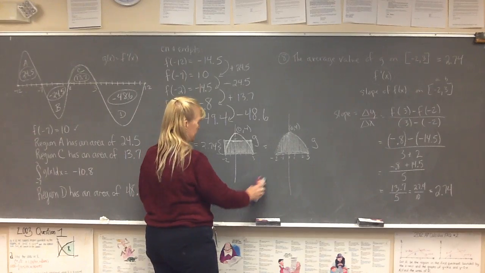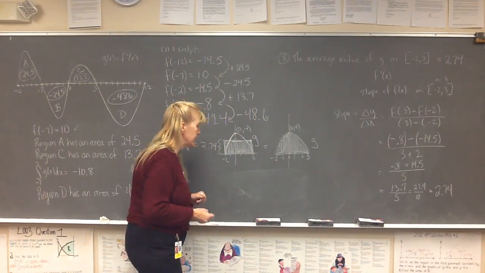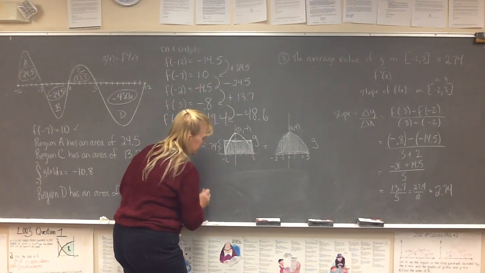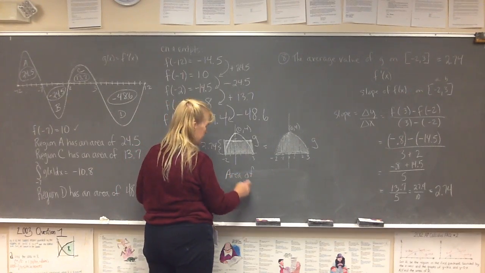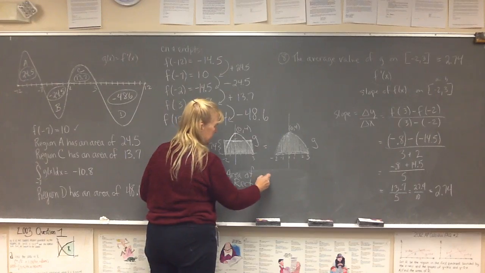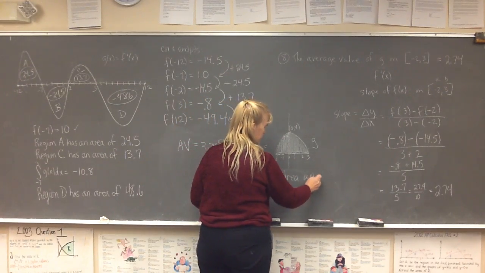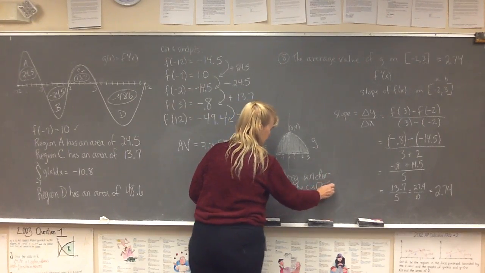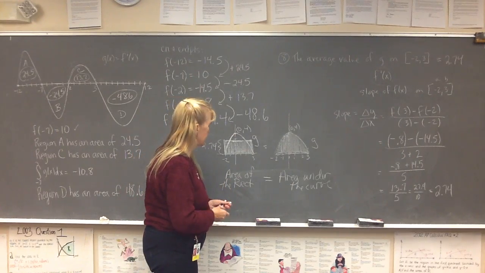This gives us what we consider a formula for an average value. I'm saying that the area of the rectangle has to equal the area under the curve.